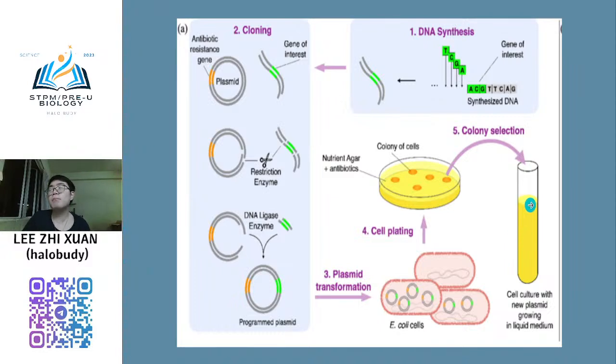So you can purify this media to isolate the insulin, so that this insulin will later be used in the medical field, and then be purified in the pharmaceutical industry, and then can be sold in the market. So this is the general process of genetic engineering.